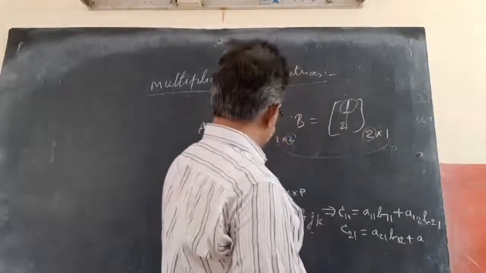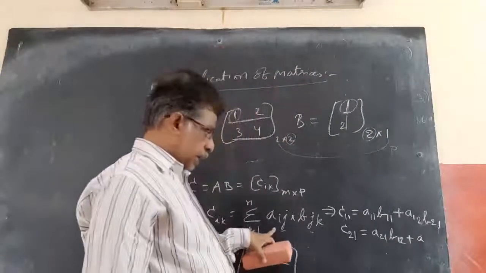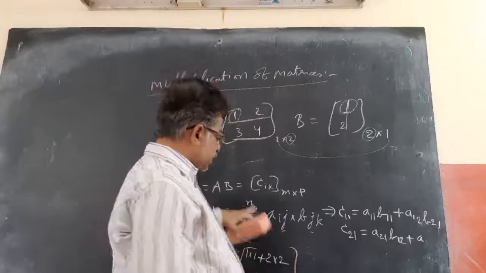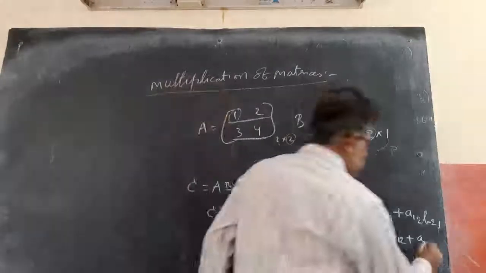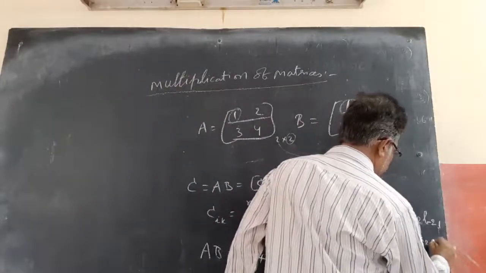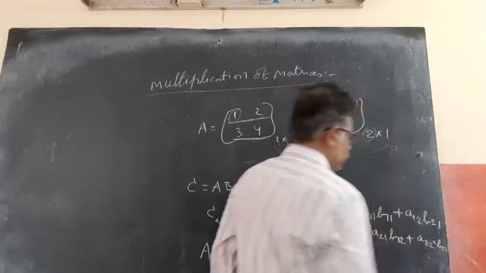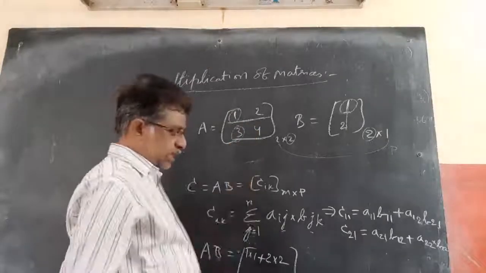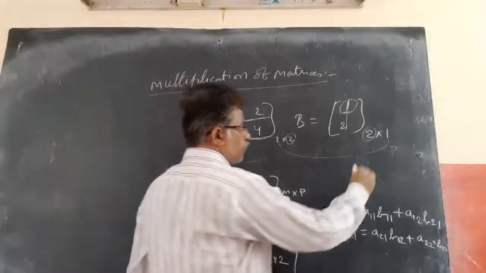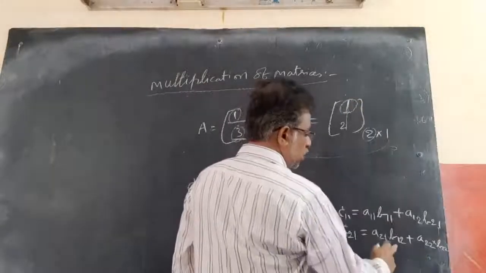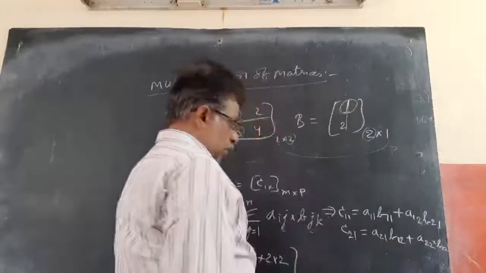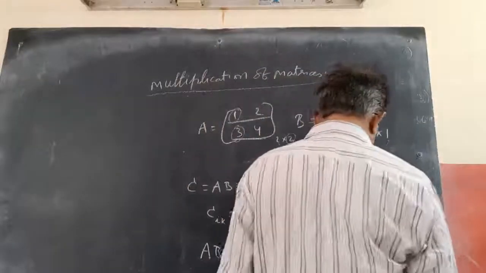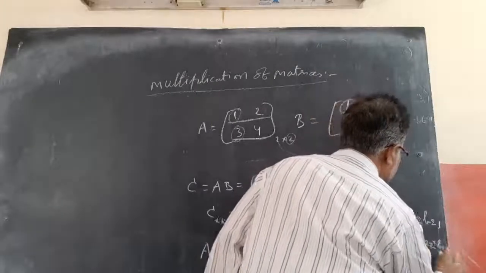next, observe, i is fixed now, only j is changing. First I took j as 1, next j is 2, from 1 to 2, because the maximum value is 2. So a22 into b21.